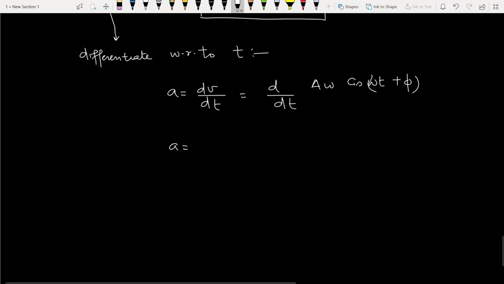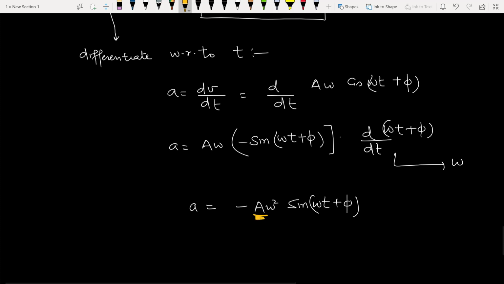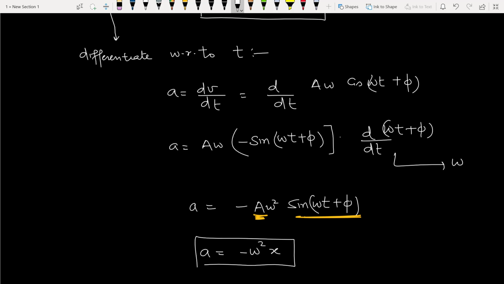So a is equal to a omega, the derivative of cos is minus sine(omega t plus phi) into the derivative of the angle, which is omega. So a is equal to minus a omega square sin(omega t plus phi), and this portion a into sin(omega t plus phi) will be x, so it is minus omega square x. So this is the expression for acceleration.